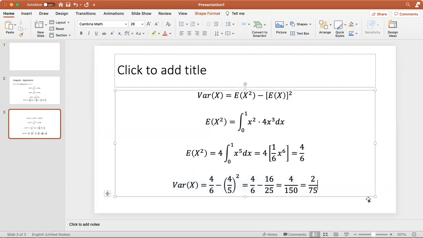Take note that the variance is always supposed to be positive. So if you're getting a negative variance, it means that you have done something wrong in your calculations. I'm pretty sure you have already encountered that in your econ stat.